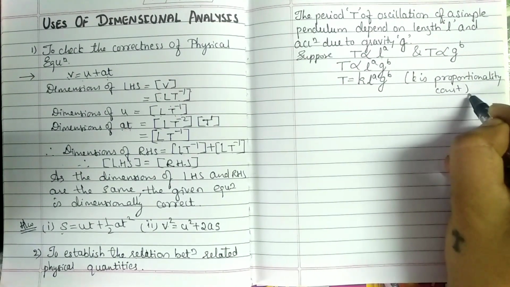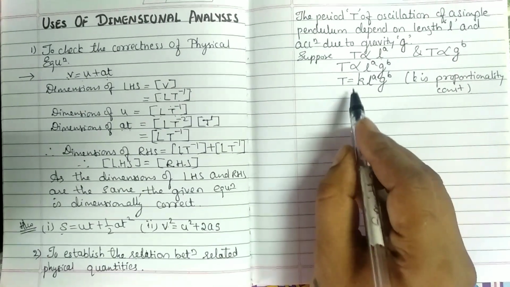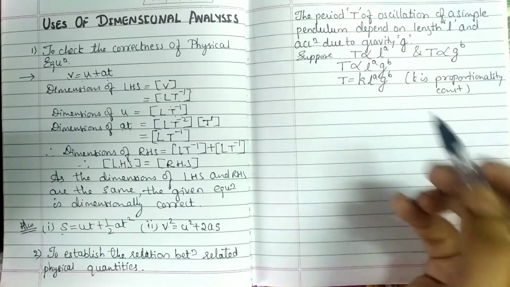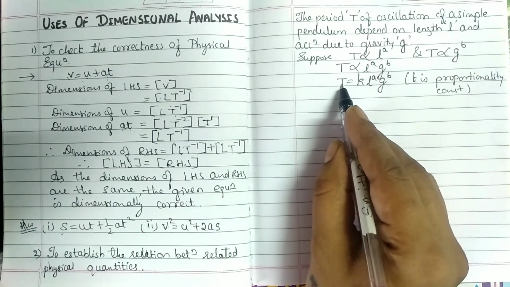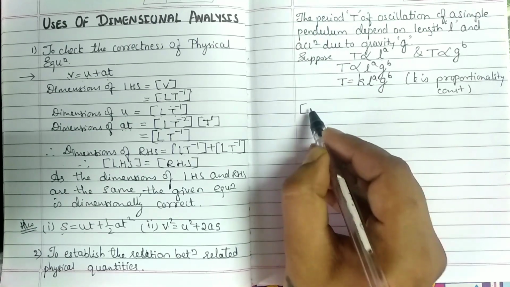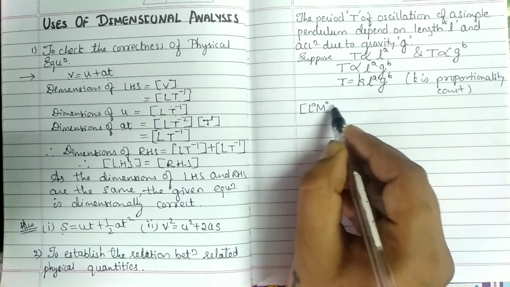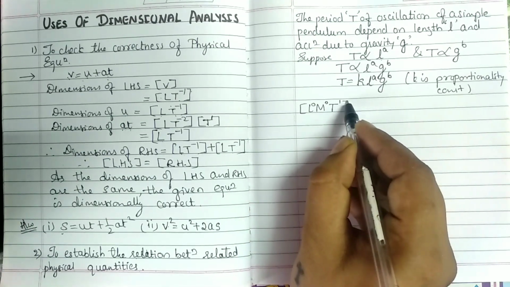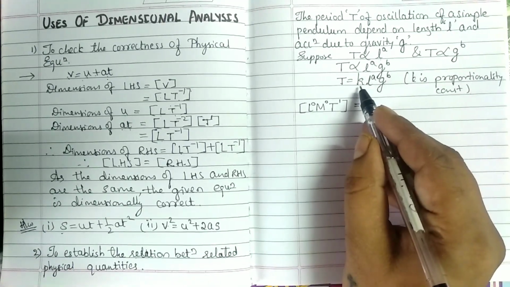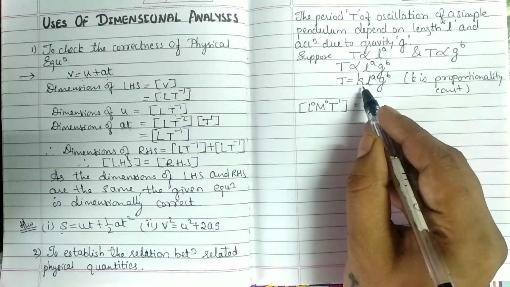Proceeding further, we'll take the dimensions of each term. Period is nothing but time, so I take the dimensions of time as L0 M0 T raised to 1, because only time exists over here, and K is a constant which is dimensionless.